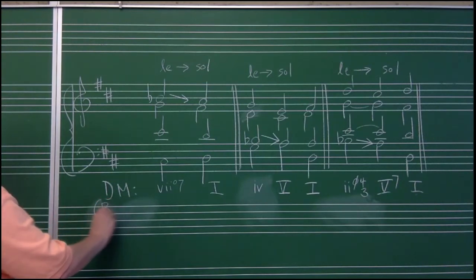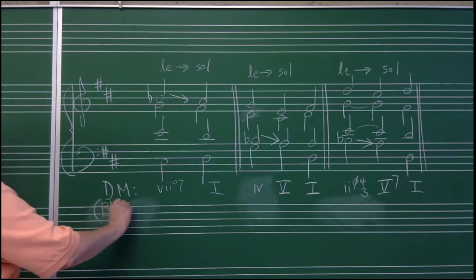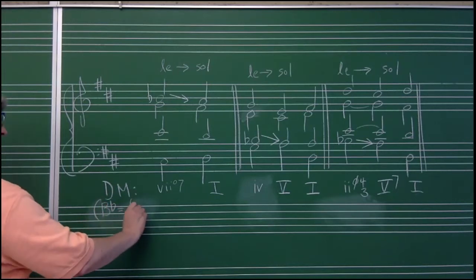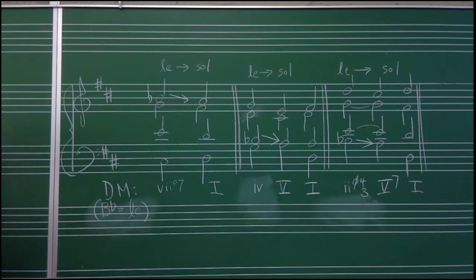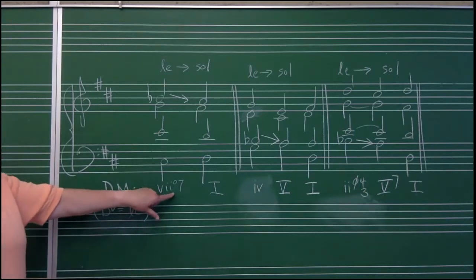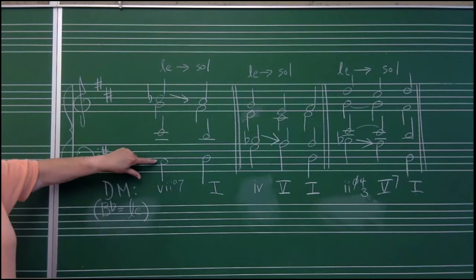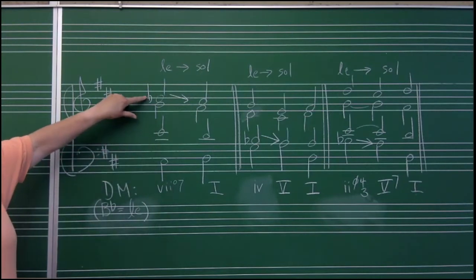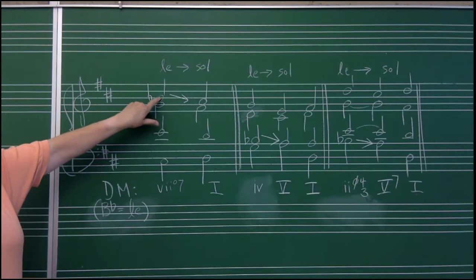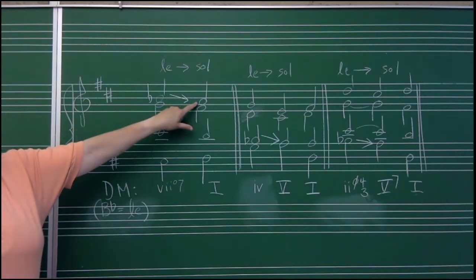So I'm going to keep in mind all the time that I'm working in D major that B flat is the note lay. Here's my vii diminished 7th chord. It's C sharp, E, G, B flat. The B flat, lay, must resolve down to sol.